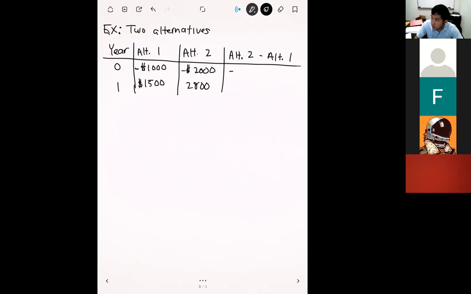We get minus 2,000 minus a negative 1,000, and so the difference is going to be minus 1,000. And then we take a difference between the benefits at the end. So we do 2,800 minus 1,500, and so this is going to be a positive 1,300. Okay. All right. And so for this problem, let's assume that we have an MARR of 10%.